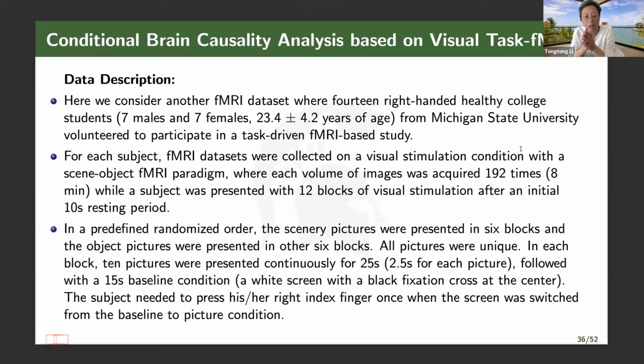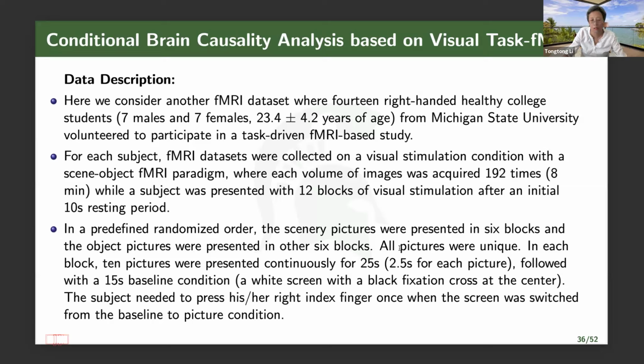So we consider task fMRI data. We did conditional brain causality analysis based on a data set where 14 MSU students, 7 females and 7 males, went through the same object fMRI task.